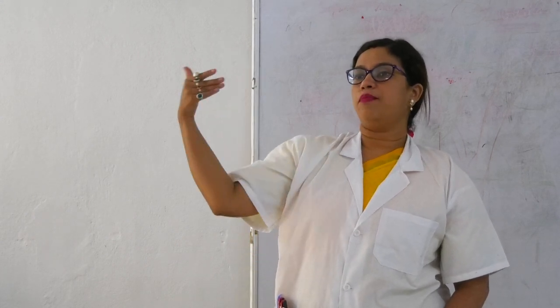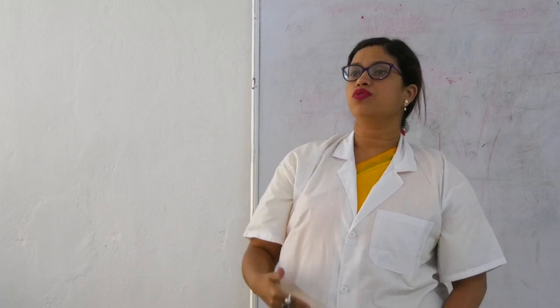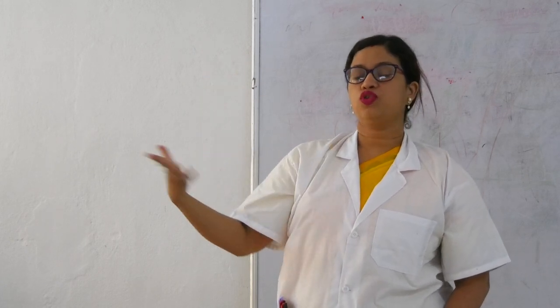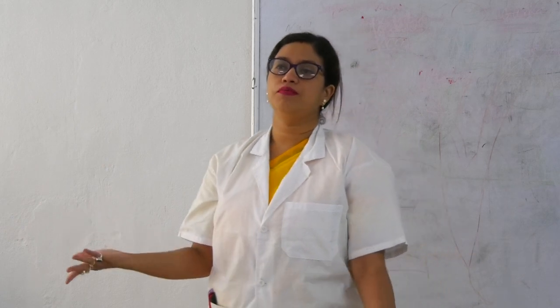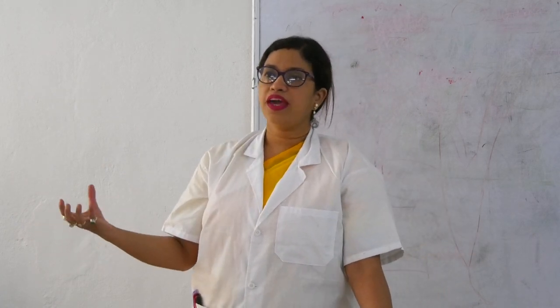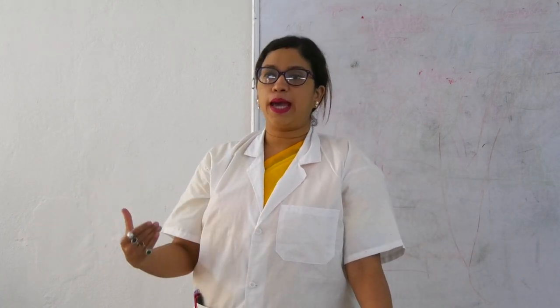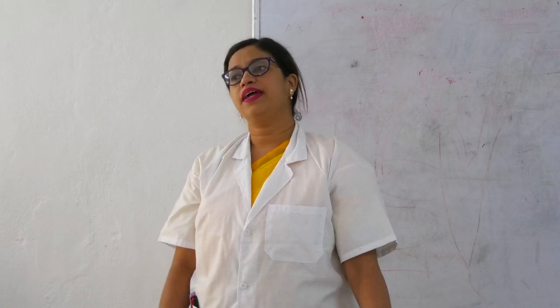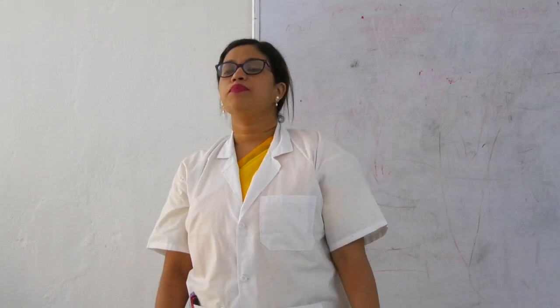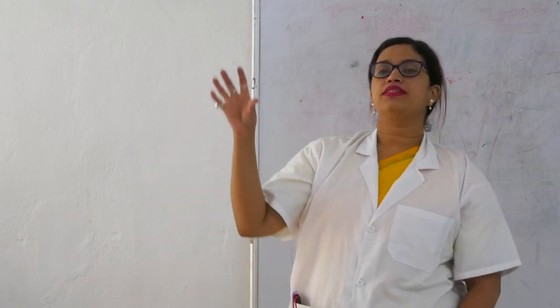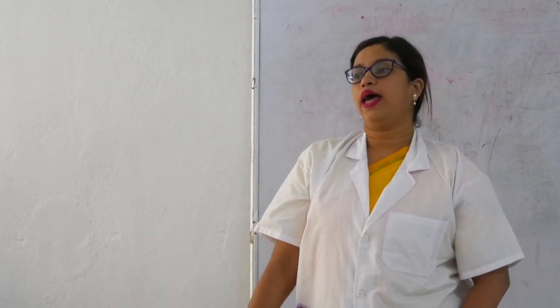How many muscle sleeves are there in between? 4. Okay, those abs, boys used to go to the gym, they used to make this abs. So that is nothing but the rectus abdominis. In between that you will get so many white structures that are known as linea alba.